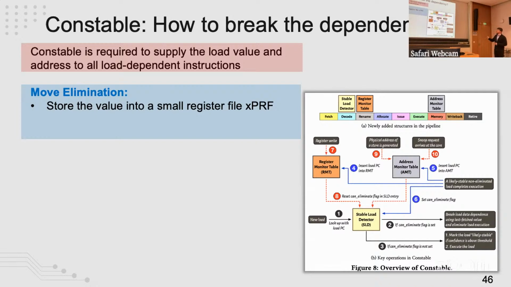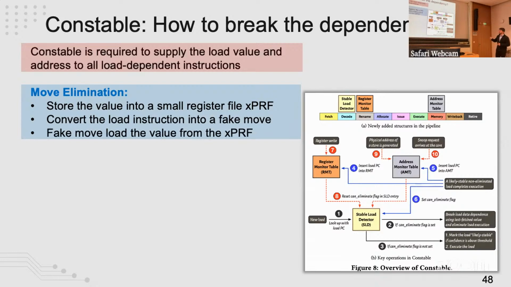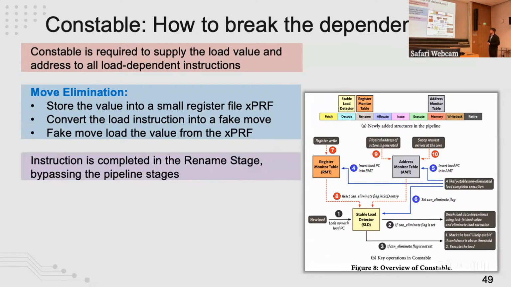Constable stores a value into a small register file called XPRF, and then it converts the load instruction that is decided to be eliminated into a fake move one. And then this fake move instruction loads the value from that register file. This fake move instruction is completed during the rename stage of the pipeline, bypassing the remaining pipeline stages and supplying all the load dependent instructions with the appropriate value.